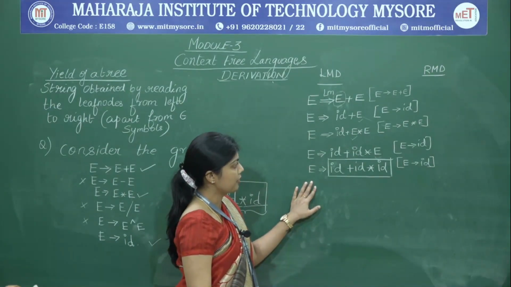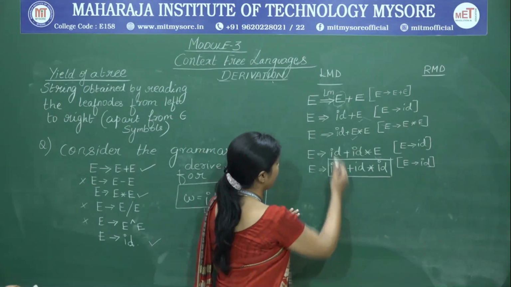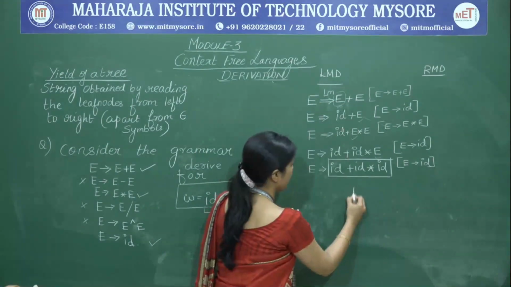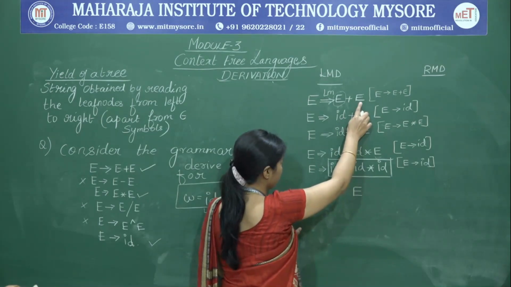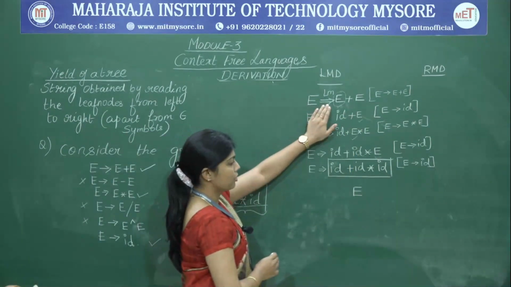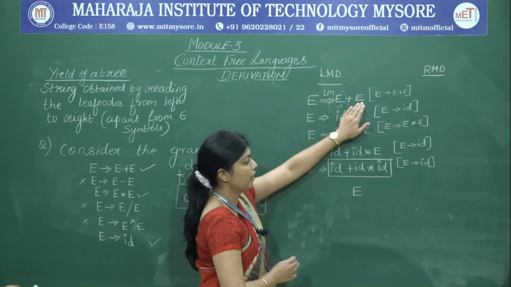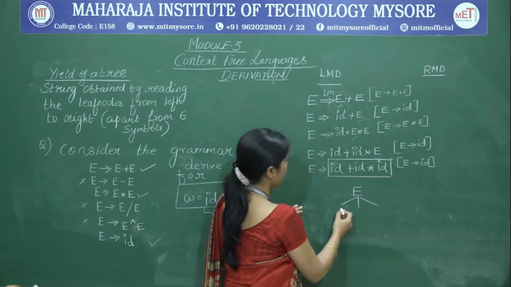Okay. So once we have done this, we'll write the tree for this. The tree starts from the first step of the derivation. So E plus E. So this acts as A goes to X1, X2, X3. So E has got 3 children. What are they?